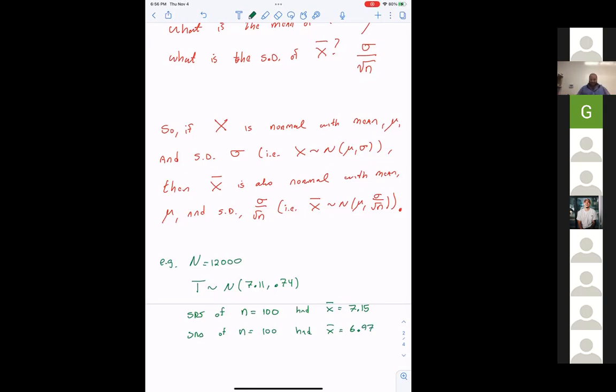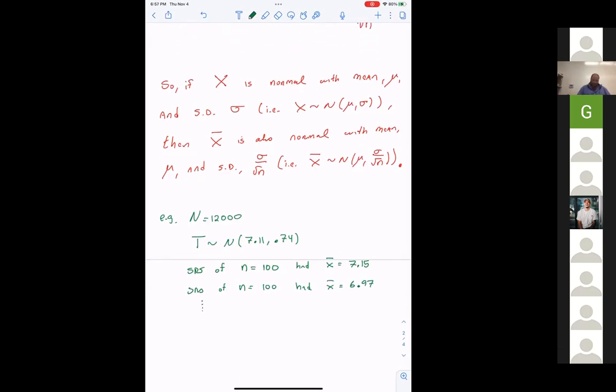After lots and lots of SRSs of 100 were taken, we saw that T bar, we'll call it X bar. So capital X bar was normal with a mean of 7.11.